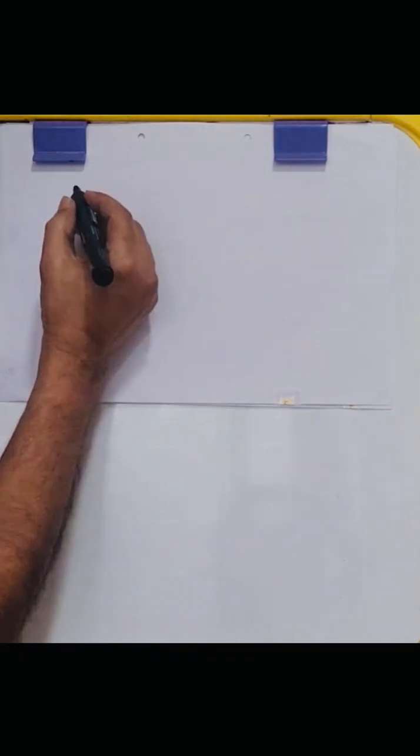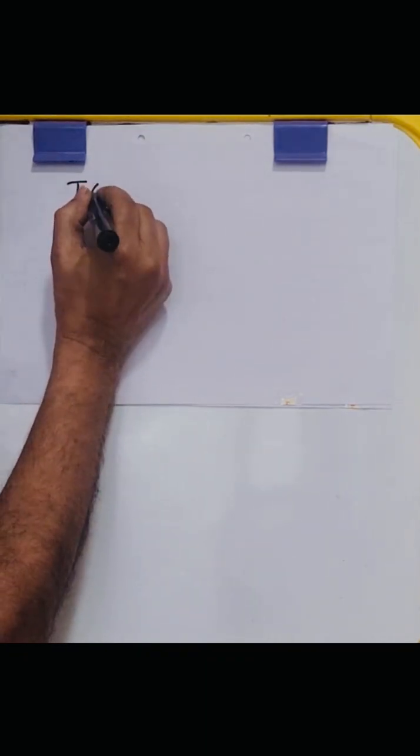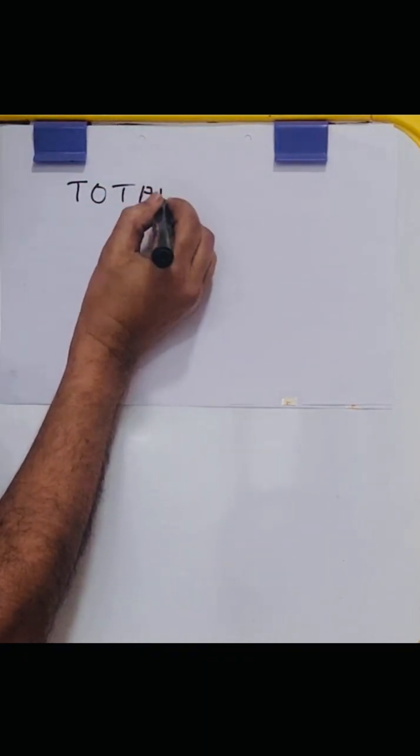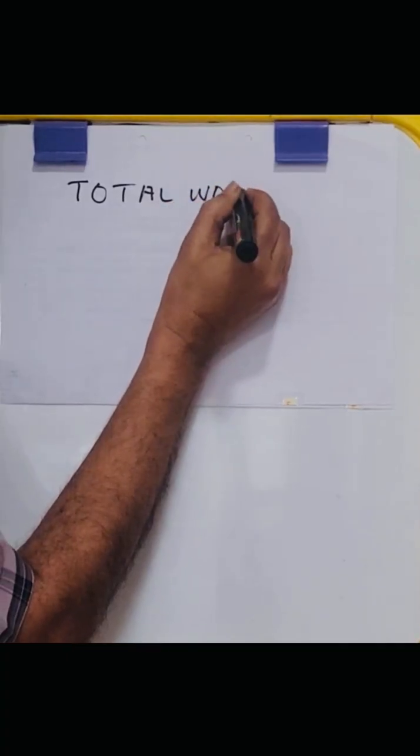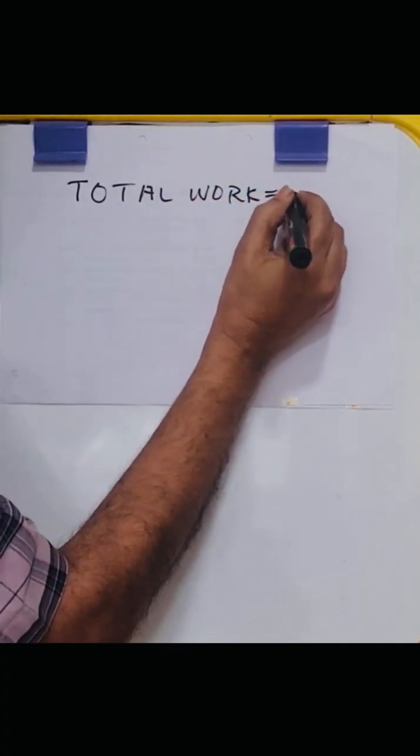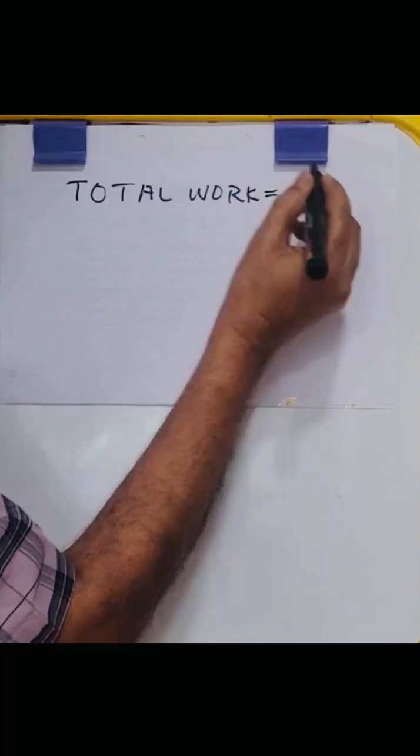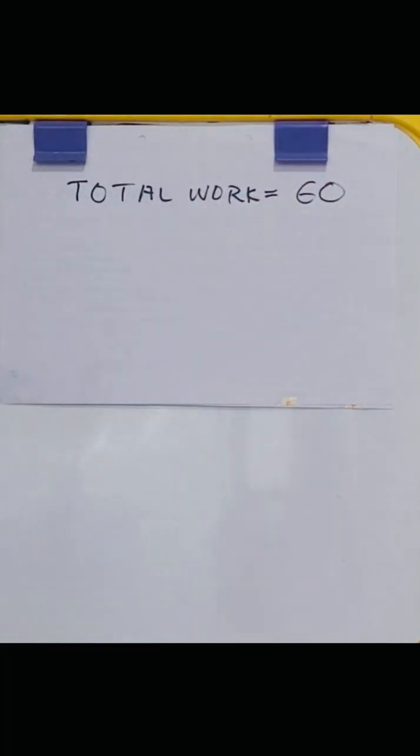So the total work we consider as 60. That means 60 boxes are to be shifted.